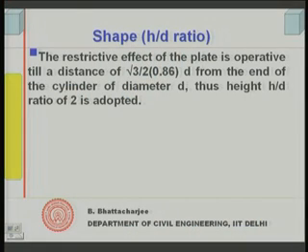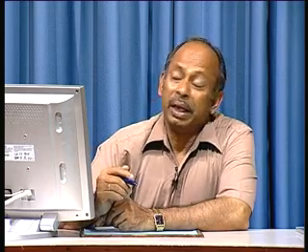A cylinder has a length to diameter ratio of 2, that means the height is twice the diameter. So, how the h by d ratio affects the strength, the apparent strength, is what we are going to look into. In case of a cube, this is equal to 1. So, the shape of the specimen has a role to play.